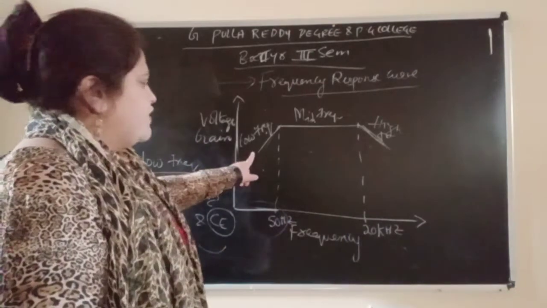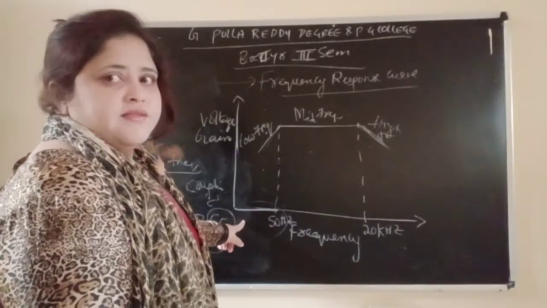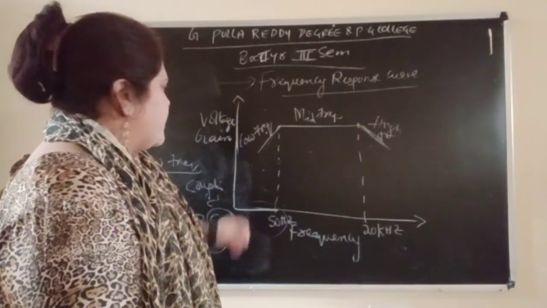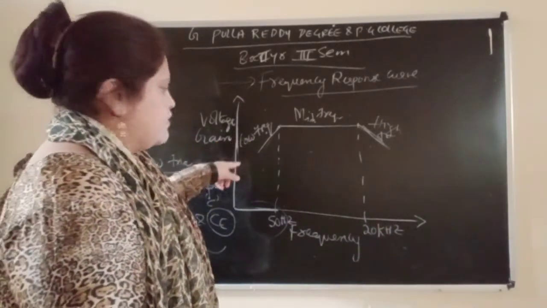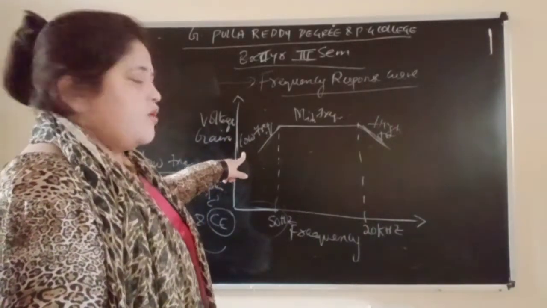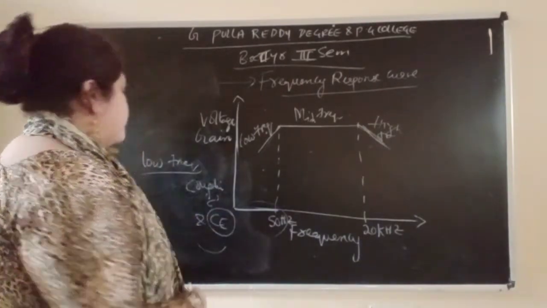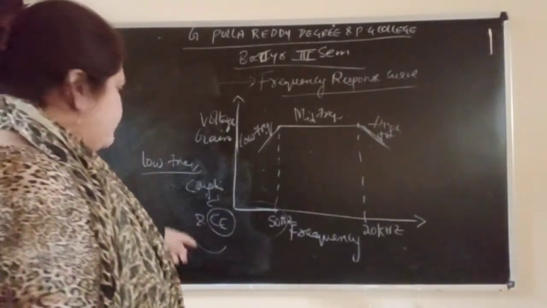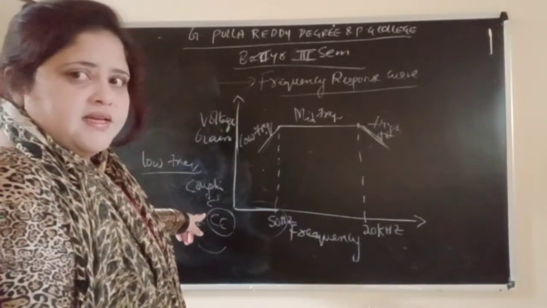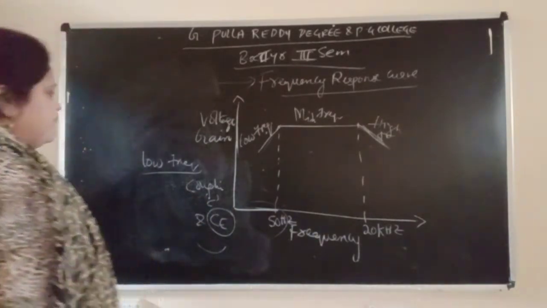The low frequency range is less than 50 hertz, so the gain is decreasing. Why is this gain decreasing? Because of two things in the circuit.